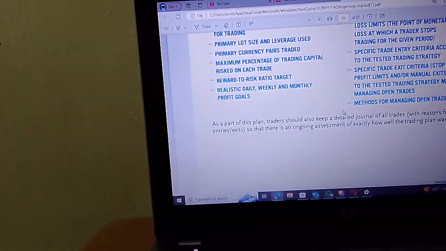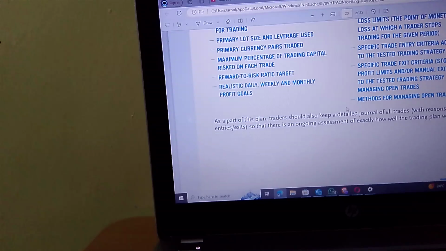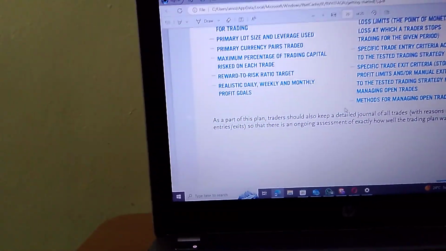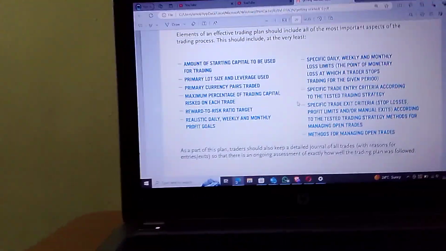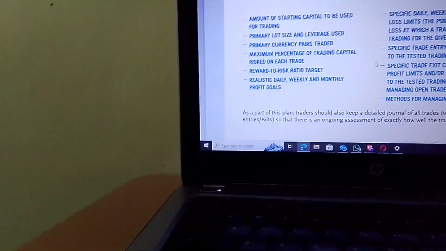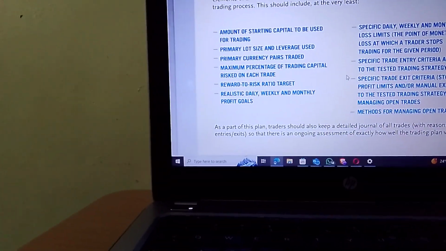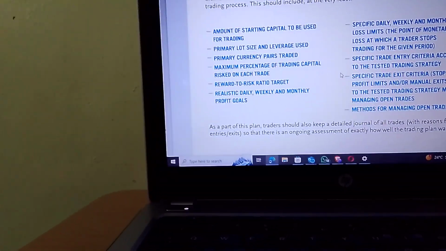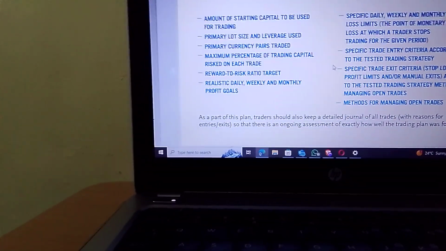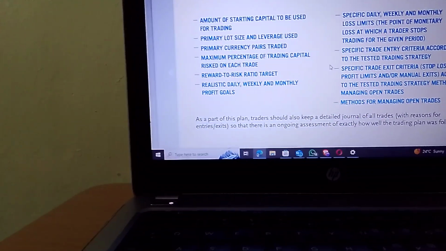So the maximum you risk on each trade, reward to risk ratio target, realistic daily, weekly and monthly profit goals. So you have to have your profit goals and reward to risk ratio lined out well, and you also need to know your amount of starting capital, and primary lot size and leverage used.